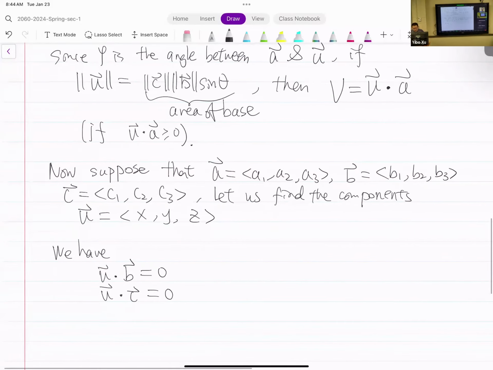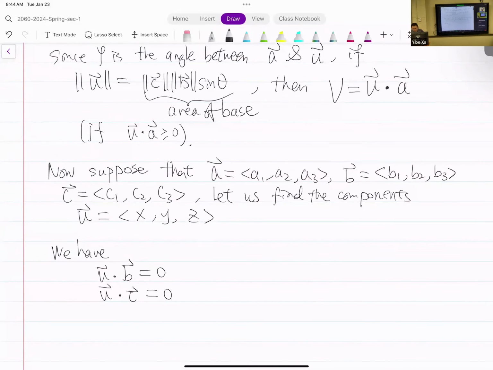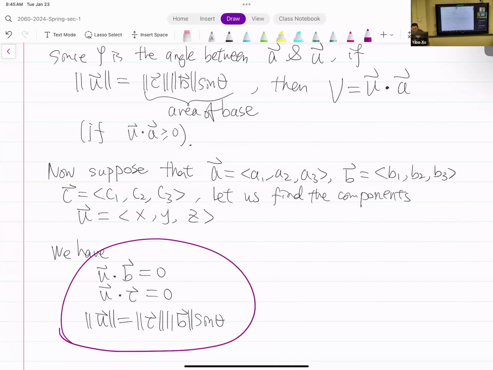This is the direction part, okay? So U is perpendicular to the base, that's the direction. And then for the magnitude, we want the magnitude to be exactly the magnitude of B and C multiplied by sine theta, right? We have these three conditions. So as long as our vector X, Y, Z satisfies these three properties, that U should be good.